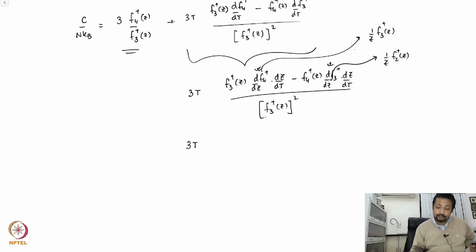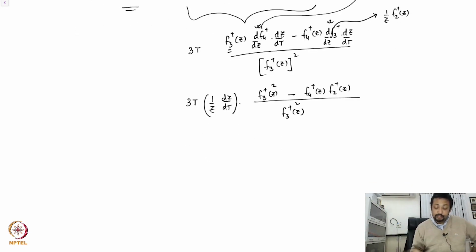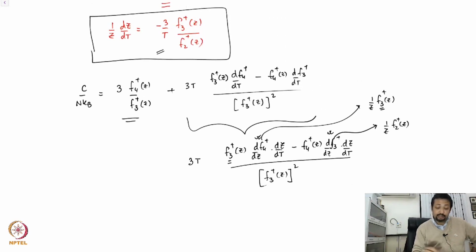Therefore, I have 1 over z dz/dt that comes outside as a common factor, and then I have f3 multiplying f3 giving me f3+(z) whole square, minus f4+(z) f2+(z), divided by f3+(z) whole square. This also I know. I just calculated 1 by z dz/dt, and the answer is this.